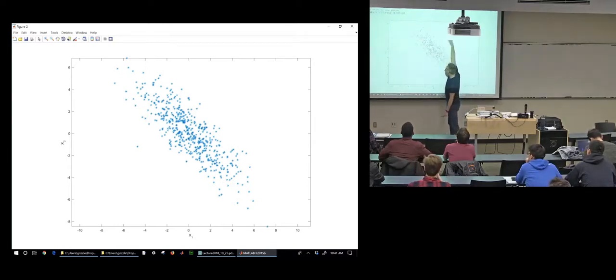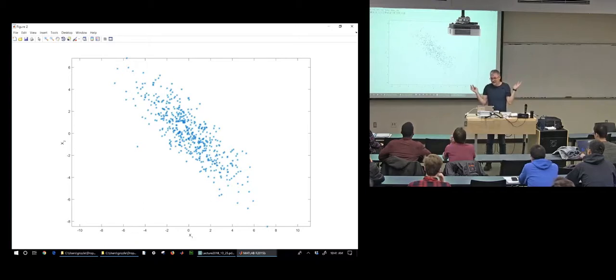And along the orthogonal axis to it, the variance is 1. So how do we take something that's rotated like this and rotate it up? An orthogonal transformation, okay? Just a rotation matrix.